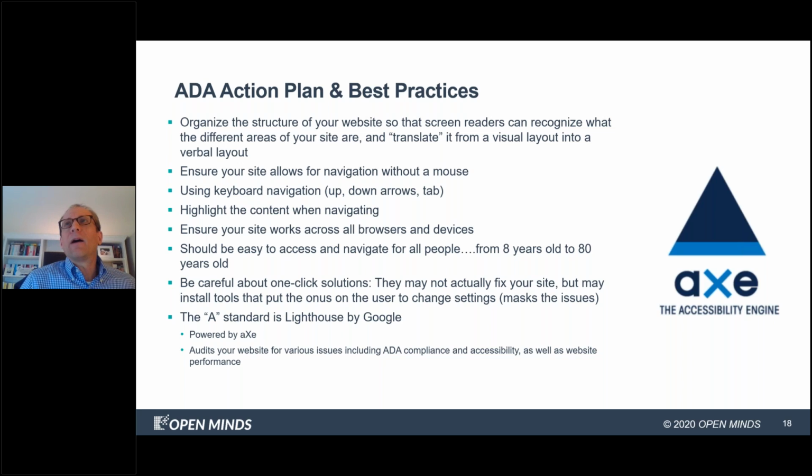So a couple of best practices here. Based on what I've said, you're going to want to structure your website so that screen readers can recognize all of the different areas of your website and translate it for people. Those screen readers are software that the user installs on their phone or on their computer, and it reads the content out to them.